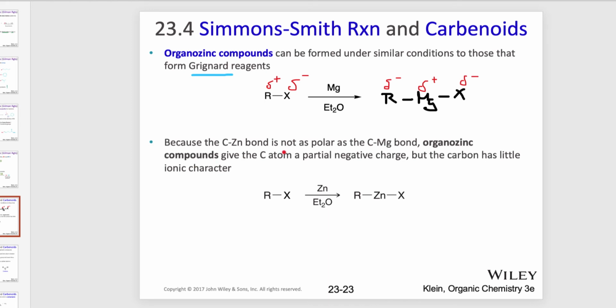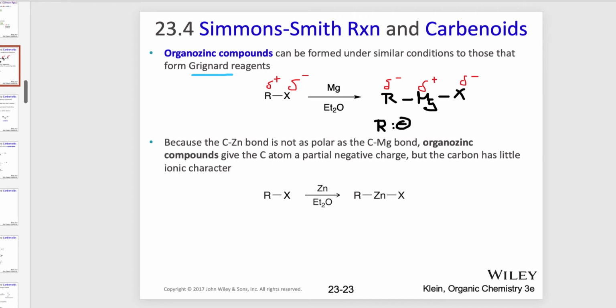Because the carbon-zinc bond is not as polar as the carbon-magnesium bond, because zinc resides further to the right in the periodic table, the carbon atom is only given a partial negative charge, while we had said with the Grignard reagent we can think about this as an R:-. So that is a distinct difference, which means that these organozinc reagents are more selective.